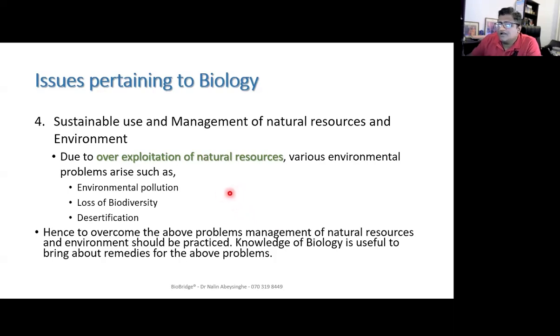One thing is environmental pollution. If you burn too much fossil fuel, there is too much carbon dioxide being released to the biosphere or your environment. That will have deleterious effects, and we are experiencing those things.